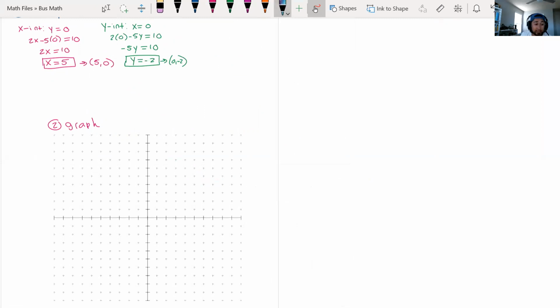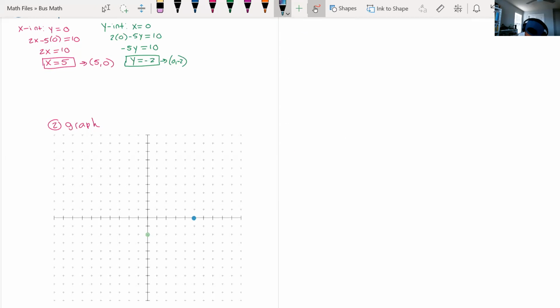So I plot the x-intercept at 5, 0. 1, 2, 3, 4, 5. Right there. And then I plot the y-intercept at 0, negative 2. Right there. And just like we said, connect the 2 points and our line will be solid.